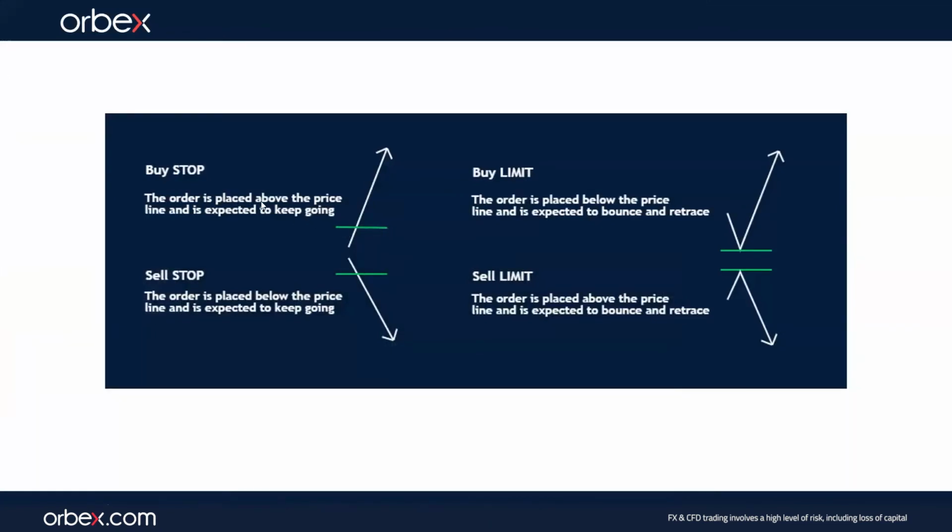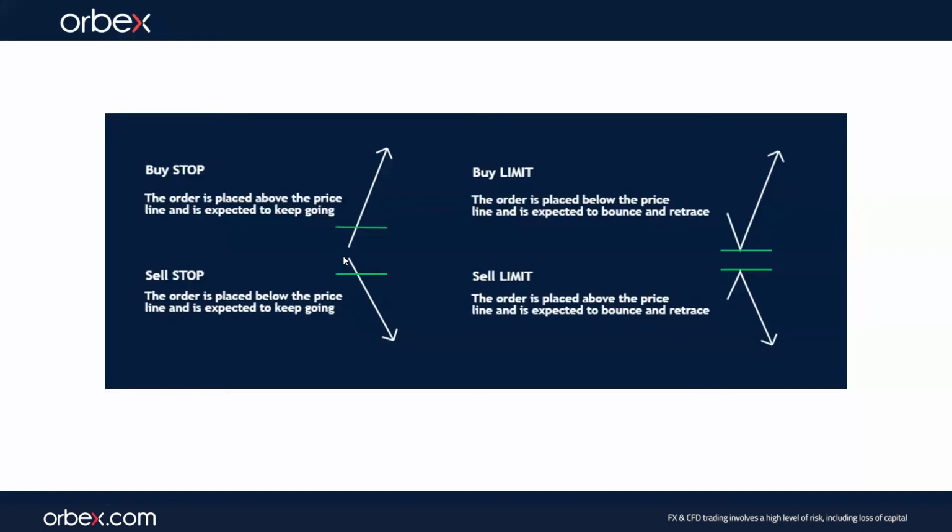So the order is placed above the bid line or the price line and is expected to keep going higher. So we've set our pending order at the green line here. The price has hit, the order has been executed and opened, and then the market is expected to keep on going higher. Similarly, the sell stop is the other way around. The order is placed below the price line and is expected to keep going lower.